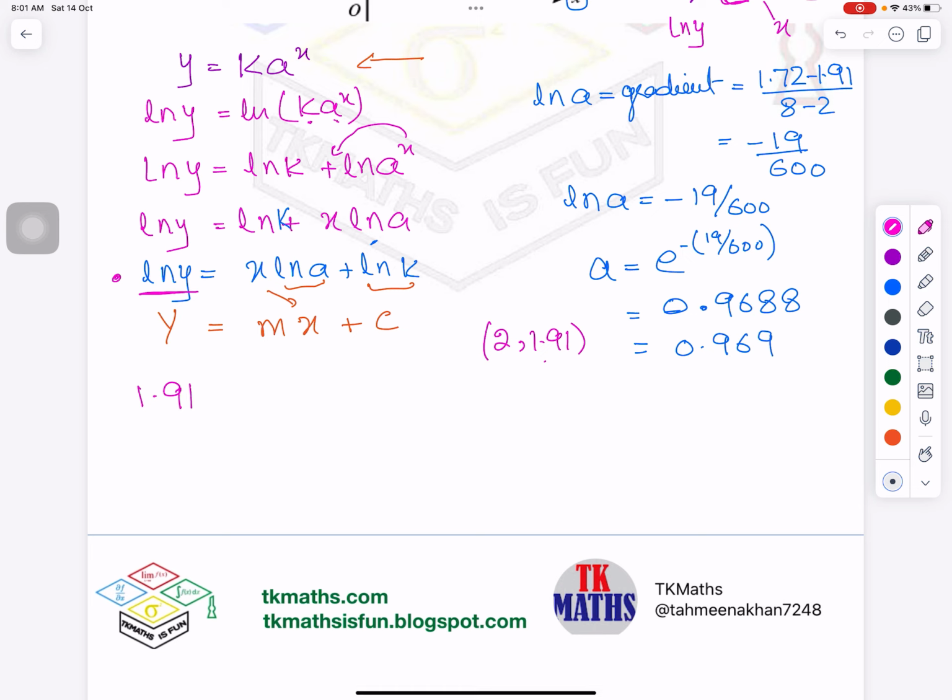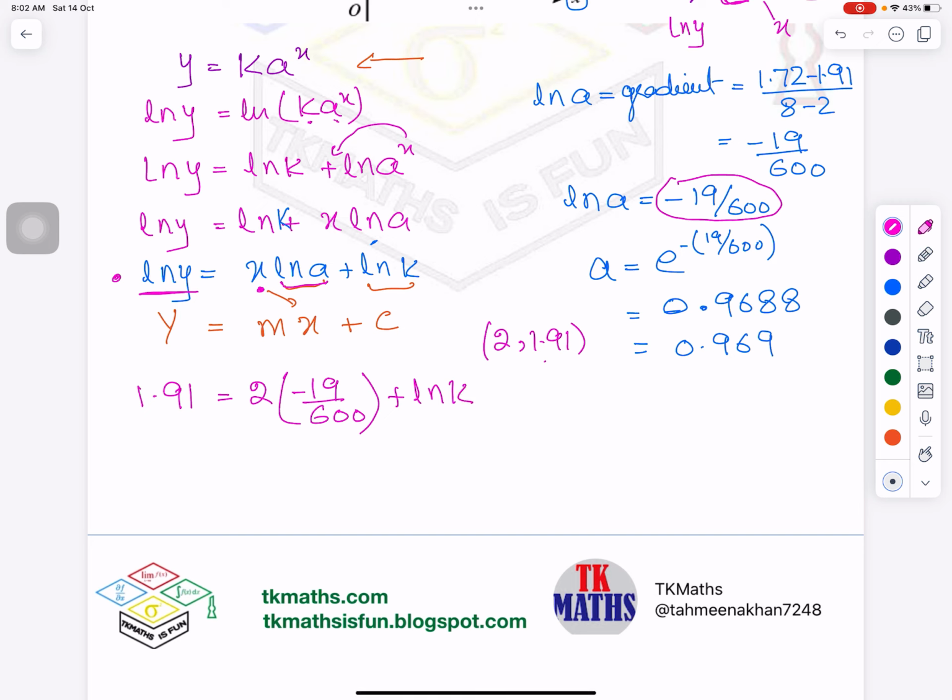And in place of x, I'm writing 2 here. And in place of ln a, I'm writing this value, minus 19 divided by 600. And plus ln k.